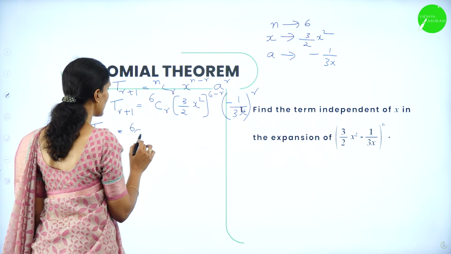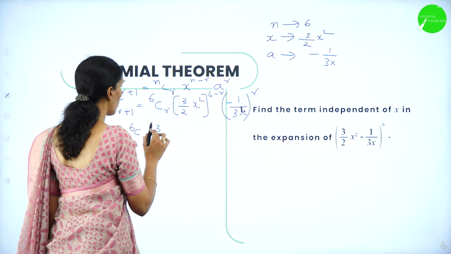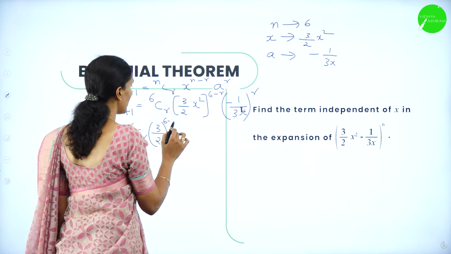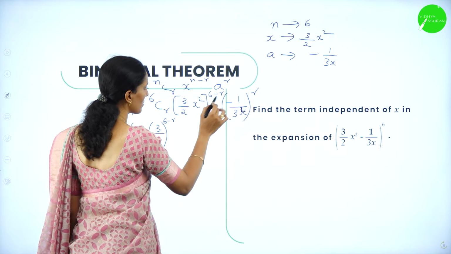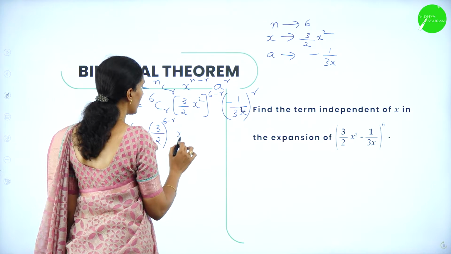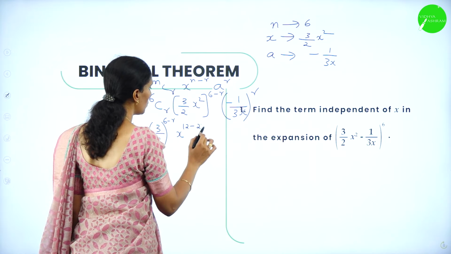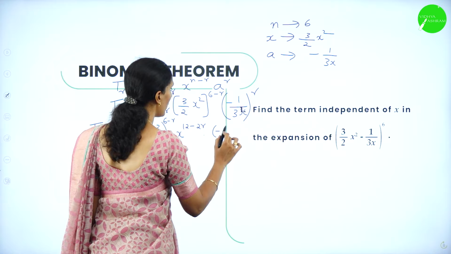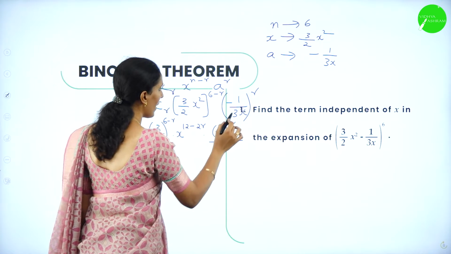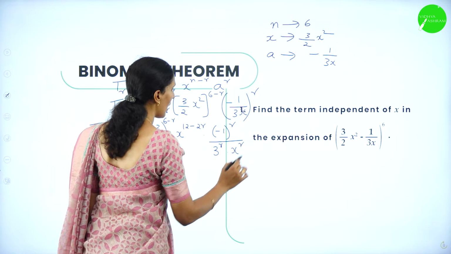So, 6Cr, here I will write it as (3/2)^(6-r). Here it is x^2, x^2 into (6-r) is x^(12-2r). So, write them separately. Next here, (-1)^r divided by 3^r into x^r.